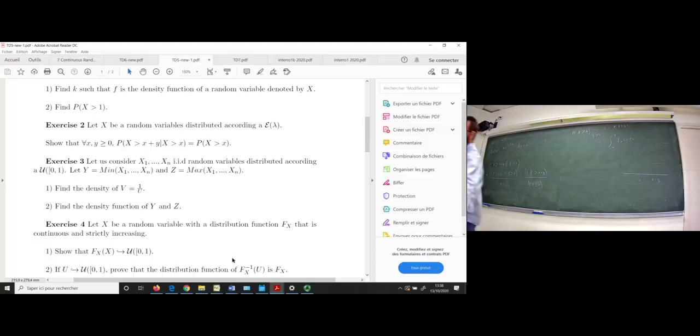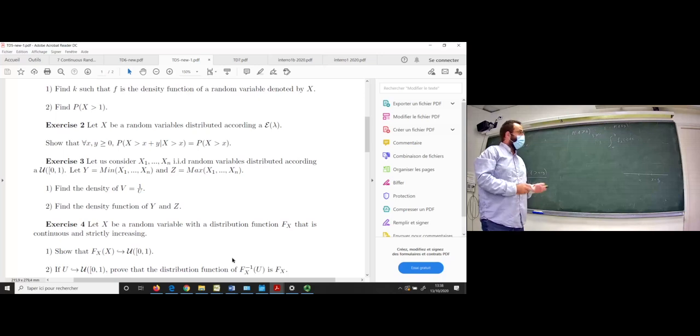I write the probability that I am strictly greater as 1 minus the probability to be less, and the definition of being a continuous random variable with this density means that my distribution function is given by the integral depending on the upper bound.